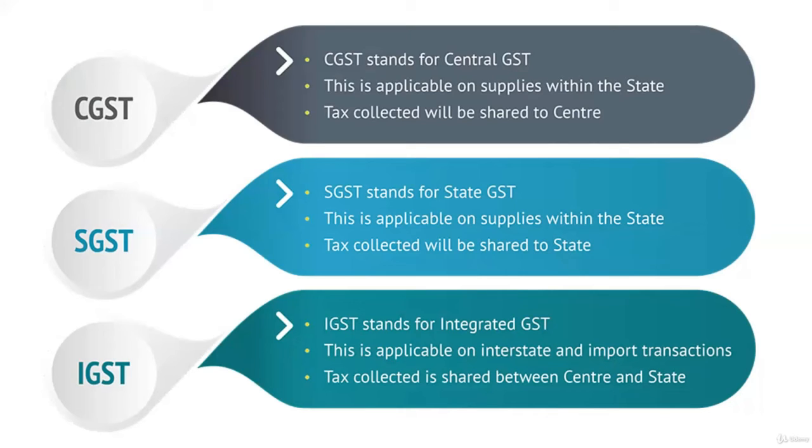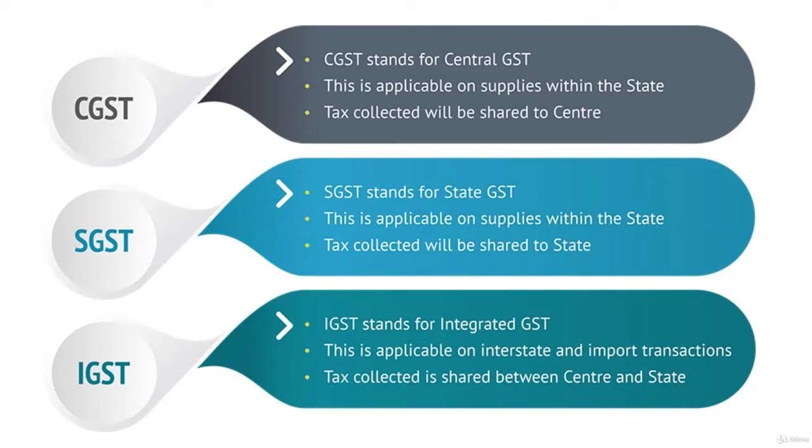Stepping forward, I am giving you a brief about CGST, SGST, and IGST. CGST stands for Central GST, and this is applicable on supplies within the state, whether it is goods or services. Tax collected will be shared to the central government.